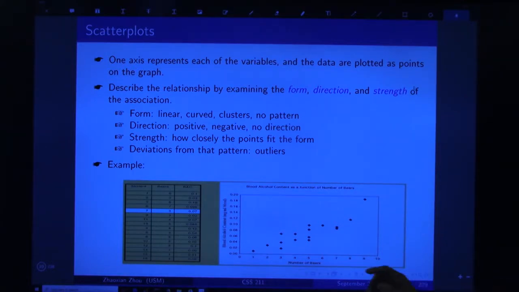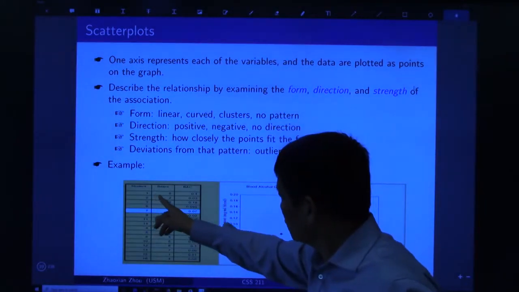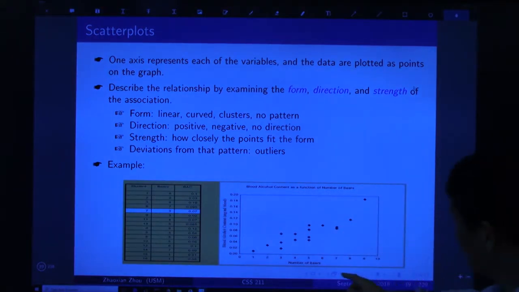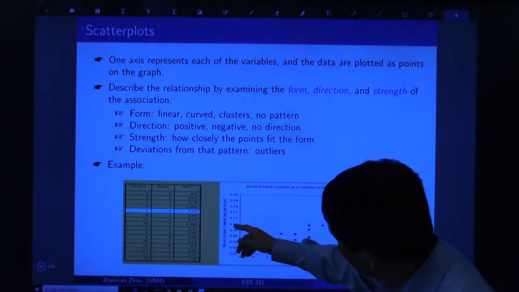Okay, now in this scatter plot, the horizontal axis is the variable for the number of beers, and the vertical axis is the blood alcohol content.